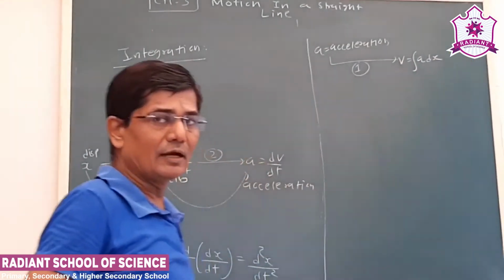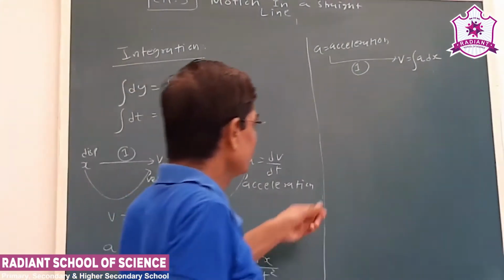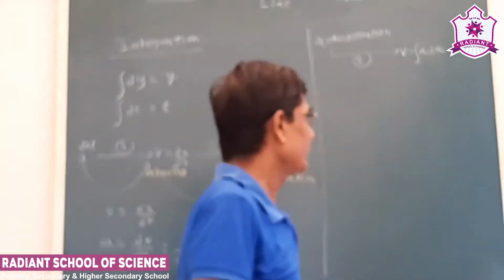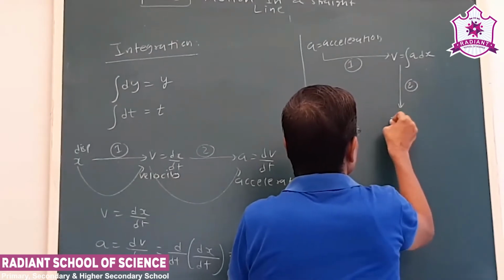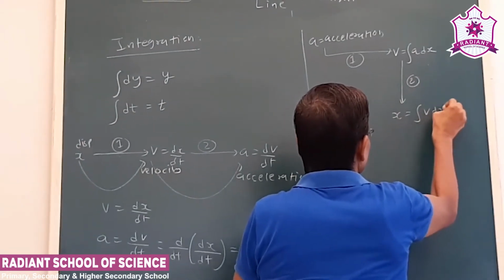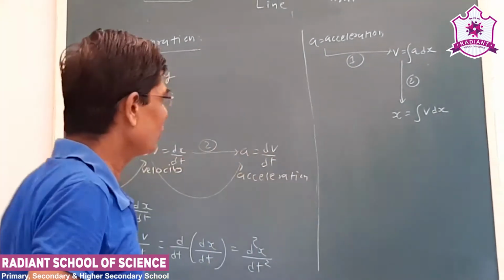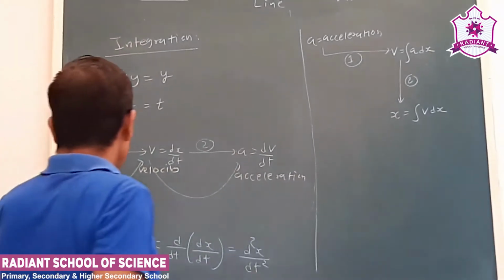If we take the integration of acceleration, we get the velocity. Now if I take integration a second time, this will give x. So we have to take care, this is very important.